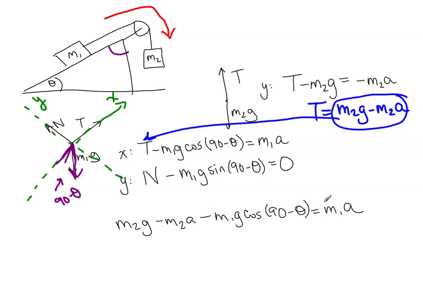So my next thing is to get everybody with acceleration on one side and everybody without acceleration on the other side. Which means I'm going to move this over there by adding. So now my equation is going to say m2g minus m1g cosine 90 minus theta equals m1a plus m2a.